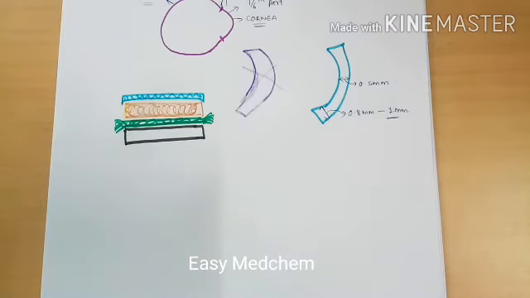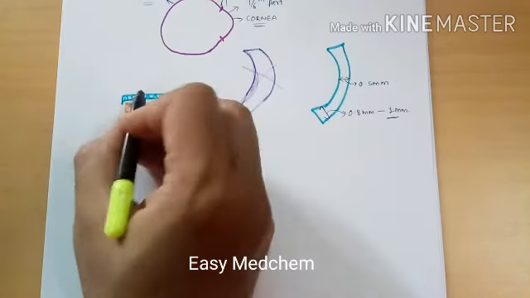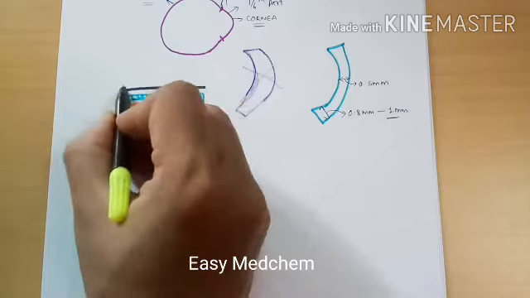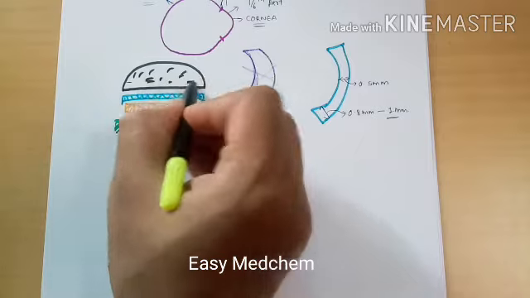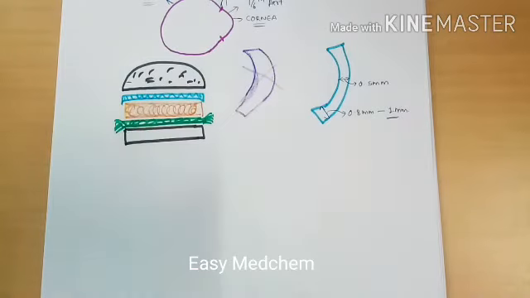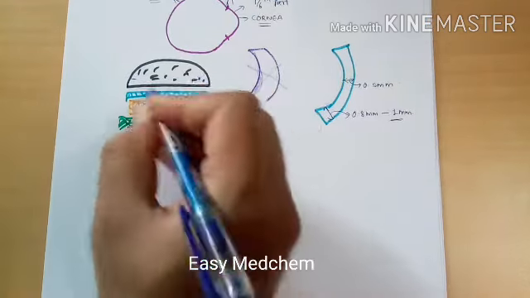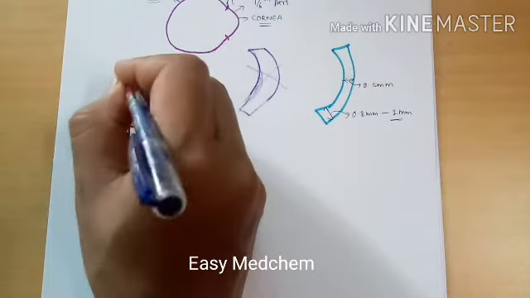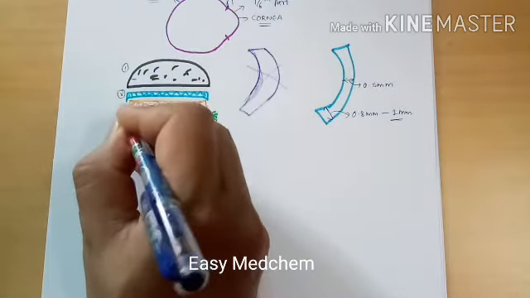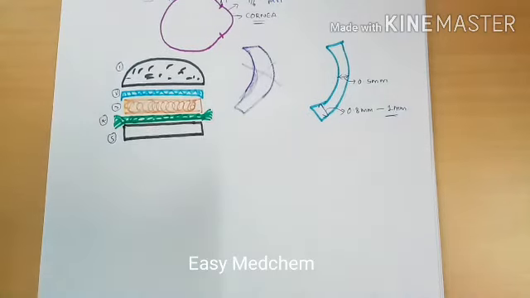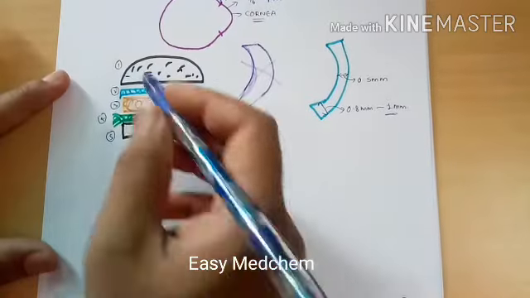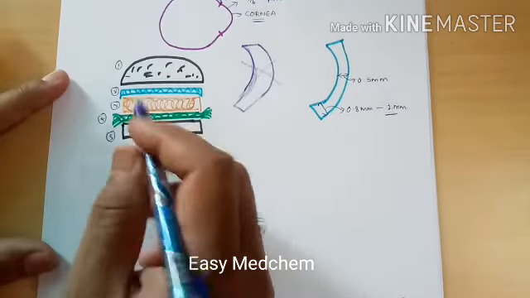And above that we have the topmost layer of the burger with so many sesame seeds. So this is the food burger. The cornea also is like this. The cornea also consists of 5 layers: the first layer, second layer, third layer, fourth layer, and the fifth layer. We can imagine it like this.